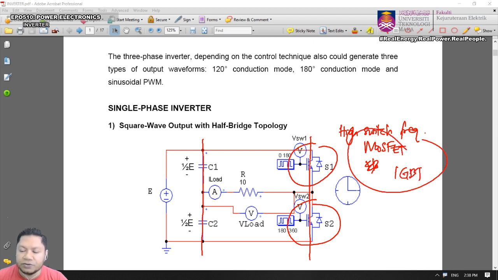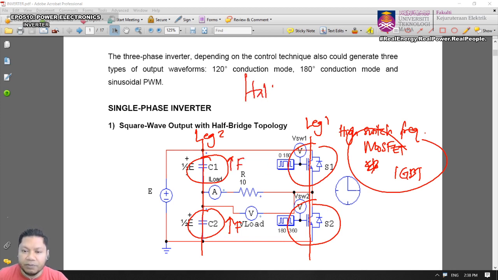You can use these two switches in one leg, let's name it leg 1. This is leg 2. For the other leg, you're going to utilize a capacitor, a very large capacitor. So this is known as a half bridge.